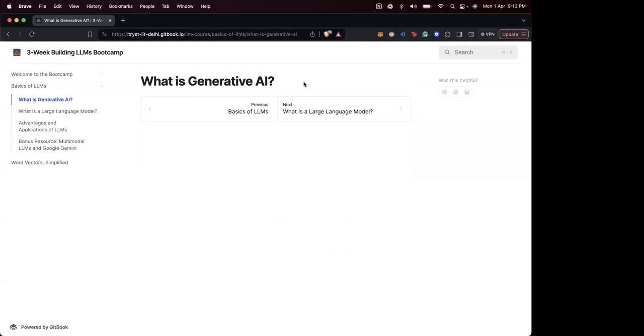Exactly. We have two types of tasks: abstractive tasks and extractive tasks. Extractive tasks are those where you're given some content initially, and you use certain parts of that content to create new content.